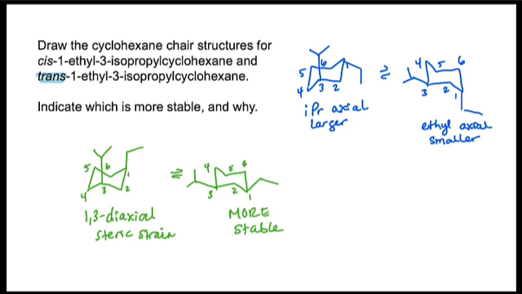Being that that's the smaller group, then it's best, if we have to choose, to put the smaller group in the axial position so that we can limit the amount of 1,3 diaxial strain that occurs. So that's why this structure is going to be more stable, and the previous one has more 1,3 diaxial steric strain.